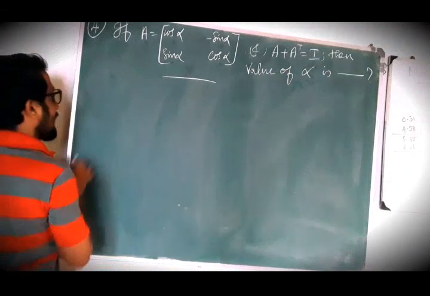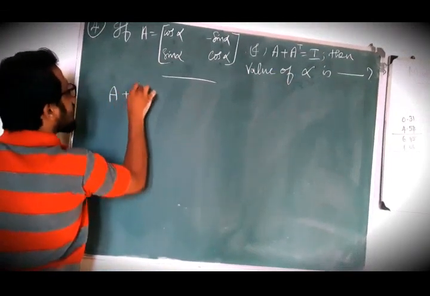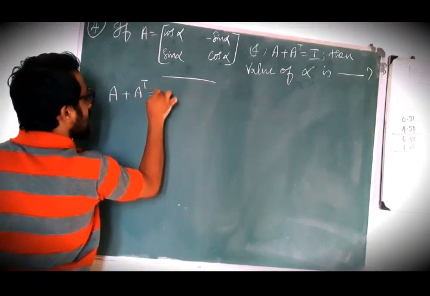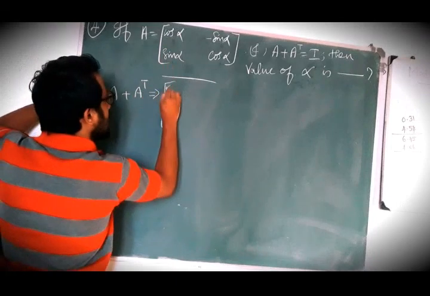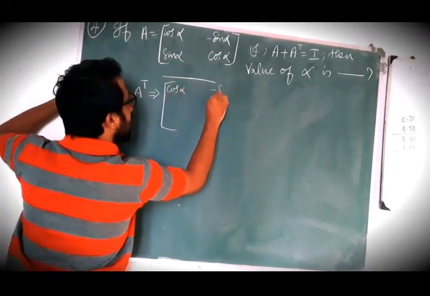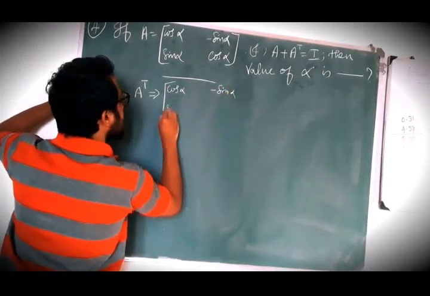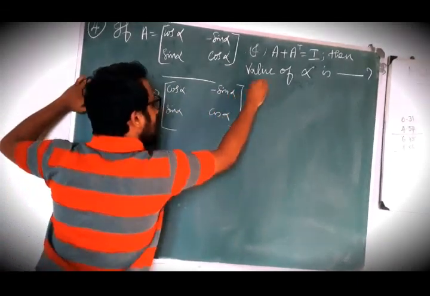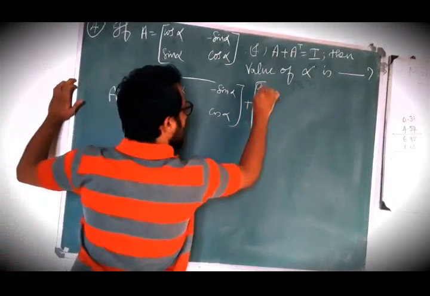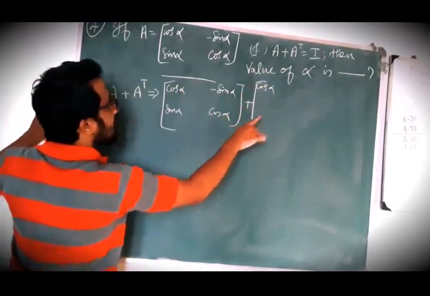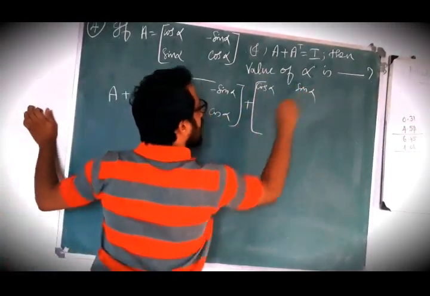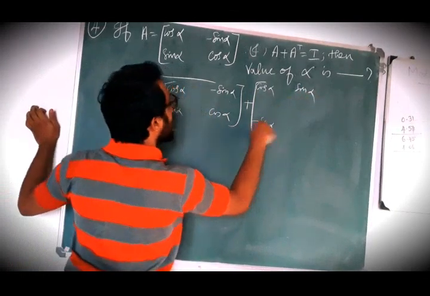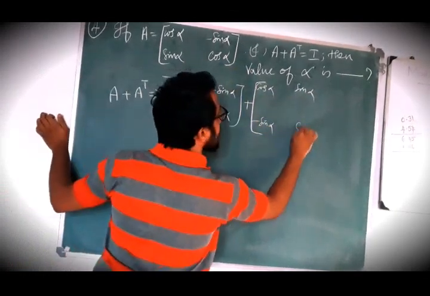Yes or no? That is A plus A transpose is equal to, what is A given? Cos alpha, minus sin alpha, cos alpha, plus what is A transpose? Cos alpha, then sin alpha, here minus sin alpha, then cos alpha.